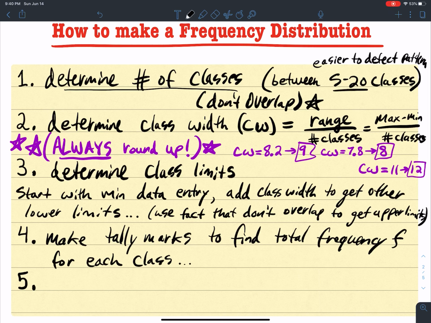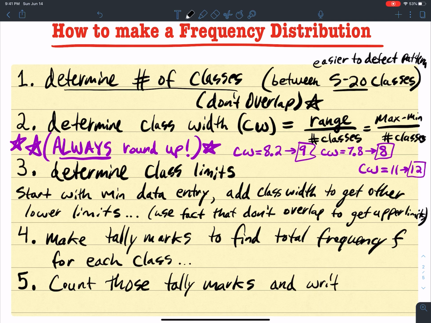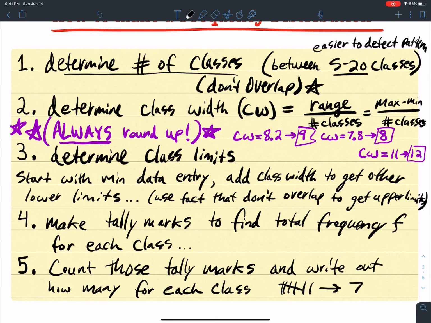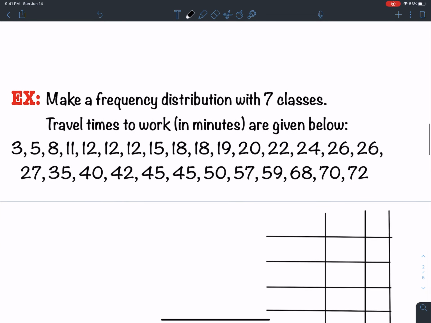And then finally, number 5, you count those tally marks and write out the number for each class. All right, so let's do an example. These are the 5 steps to create a frequency distribution.